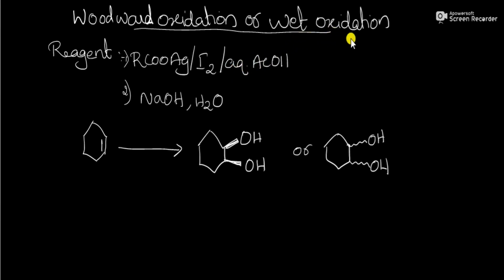Whereas in the case of Prevost oxidation, we are not using any aqueous medium for the oxidation step. So it is called a dry oxidation. Whereas Woodward oxidation is wet oxidation. Followed by saponification, it will be converted into cis diol or syn diol. Both the OH groups will be in same phase, either upper phase or lower phase. That is our Woodward oxidation reaction.